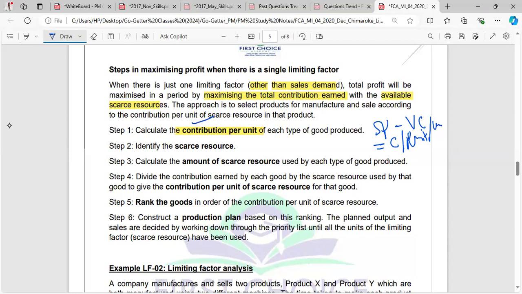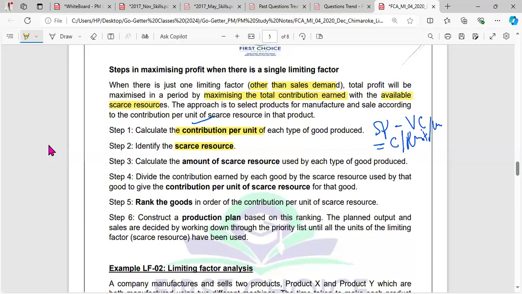The second thing is to identify the scarce resource. Sometimes they will tell you the scarce resource, but sometimes they may not. In the example we just did, we were not told the scarce resource.